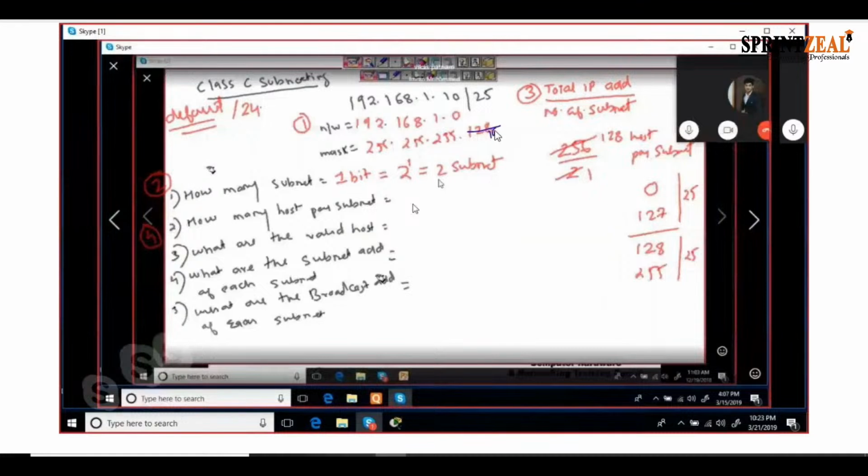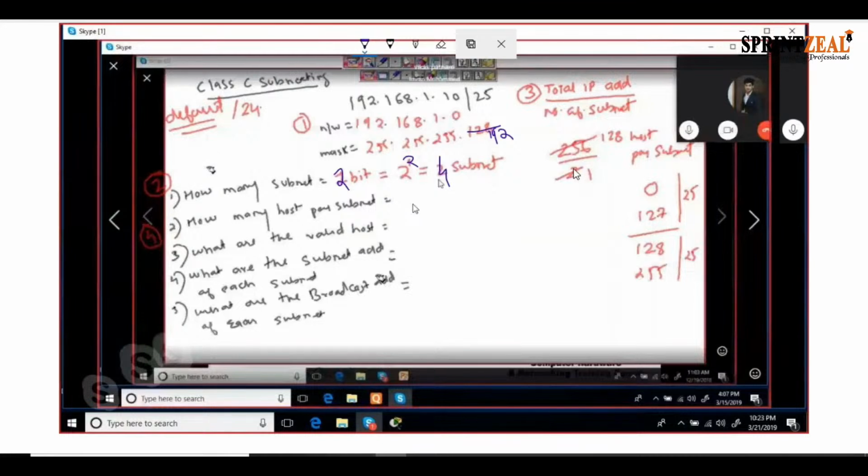All right, this is correct. How many subnets? 4 subnets. Very good, because 2 bits here, so 2 power 2, this subnet is 4. How many hosts in one subnet? 48.